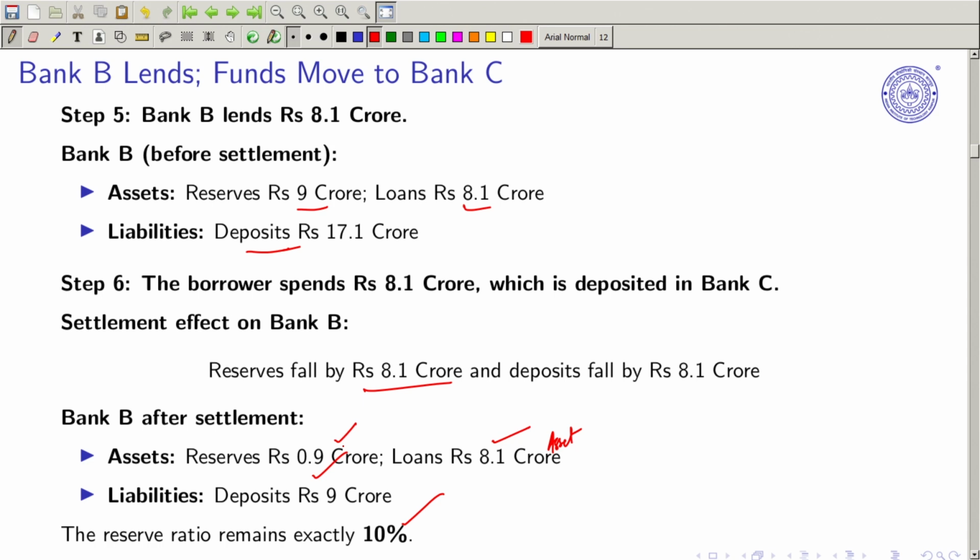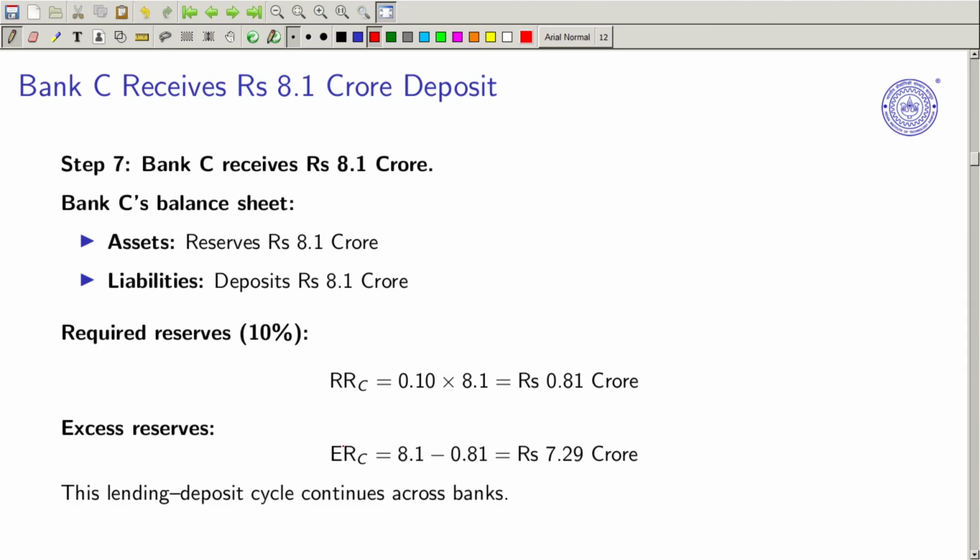Now you can see bank C receives 8.1 crore deposit, right? So now 10% of CRR will be applicable, and CRR plus SLR I would say will be applicable on 8.1 crore. Now the bank has received 8.1 crore.